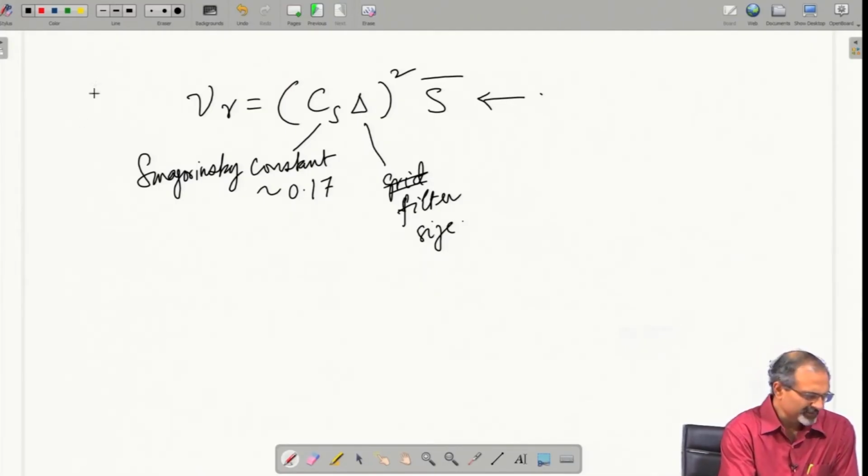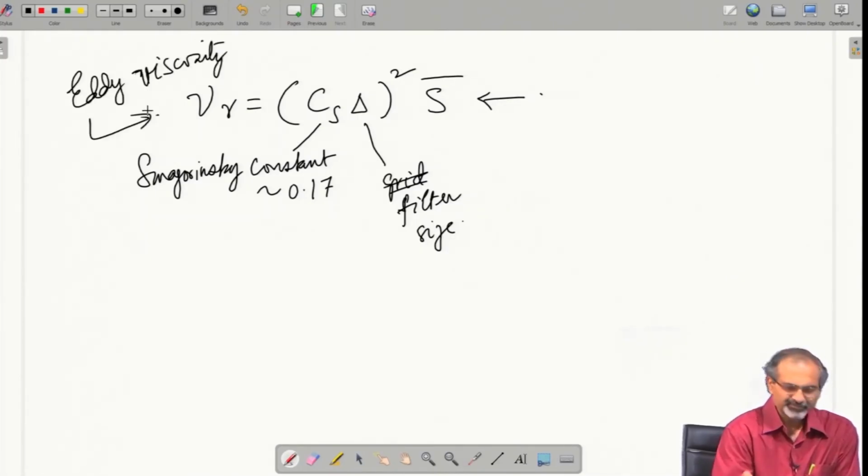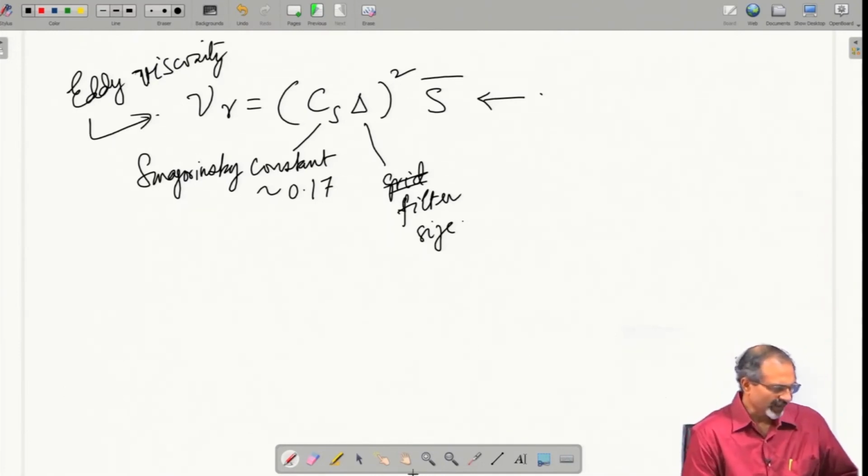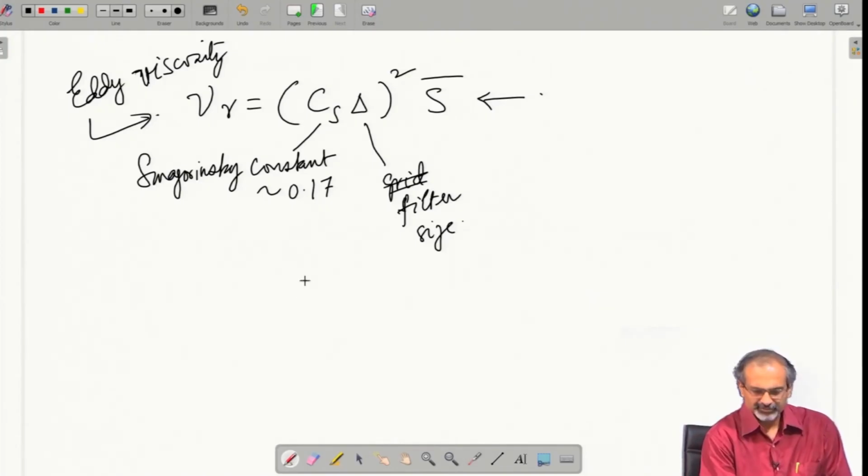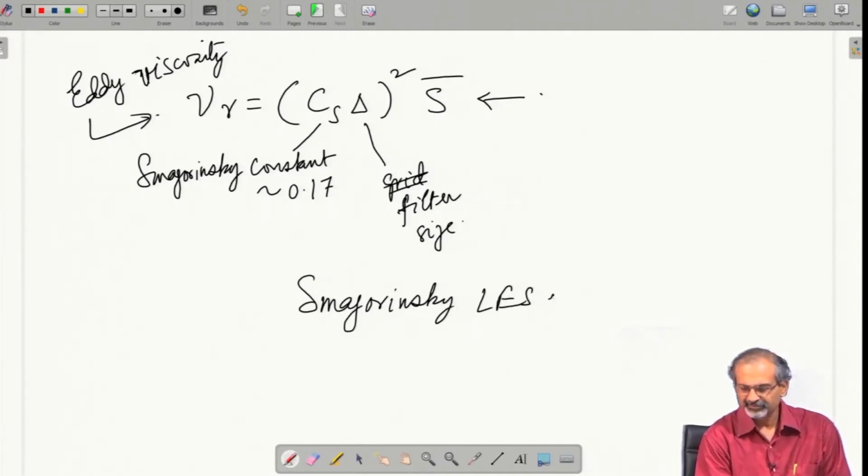Therefore, you have a definition for eddy viscosity to use in modeling the anisotropic residual stress tensor. So, this is how the Smagorinsky LES model is formulated.